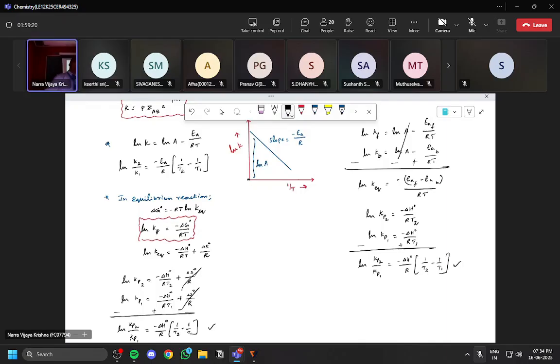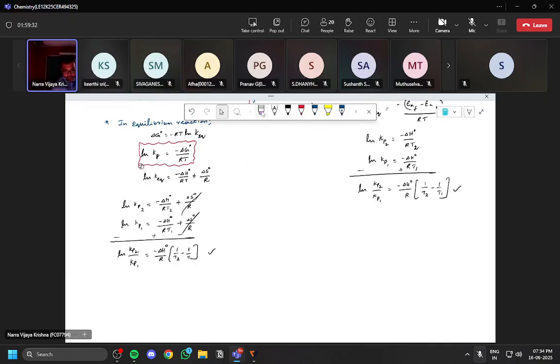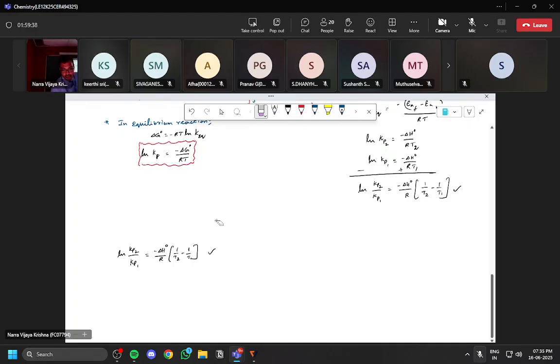If you want to involve this format also, then apply two different temperature conditions and follow it. If I apply two different conditions and follow it, what happens to that equation? Automatically it converts into this equation without any error, whether you follow thermodynamics or the Arrhenius equation.